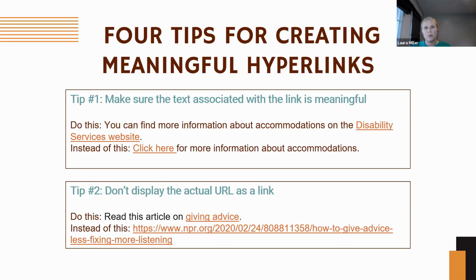So rather than giving them the entire URL, I just give them 2 words as the link. Because if I gave them the entire URL and one of them had to use a screen reader, the screen reader would basically read https://www.npr, you know what I mean? So that is tedious. It just will take them more time to access the content. So that's something to keep in mind as well.